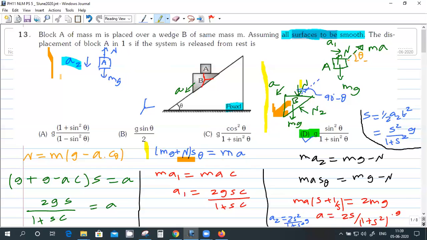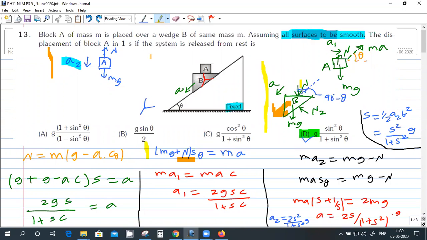Let a be the acceleration with which it's moving downwards. There cannot be sideward movement of block A with respect to this earth frame, ground frame, because the forces acting on A are what? mg and normal reaction, right? Is there any force acting in the horizontal direction? There is no friction. The surfaces are smooth. So only two forces, and they are in the vertical direction.